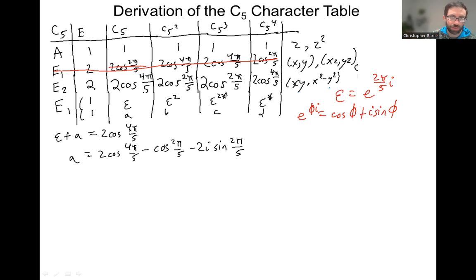What's going to be in the character table is E1. But this is supposed to be a 2 here. We want the sum to equal 2 cosine 2 pi over 5, not this one. So down here is going to be 2 cosine 2 pi over 5. And so A is going to equal 2 cosine 2 pi over 5 minus cosine 2 pi over 5. That's cosine 2 pi over 5.